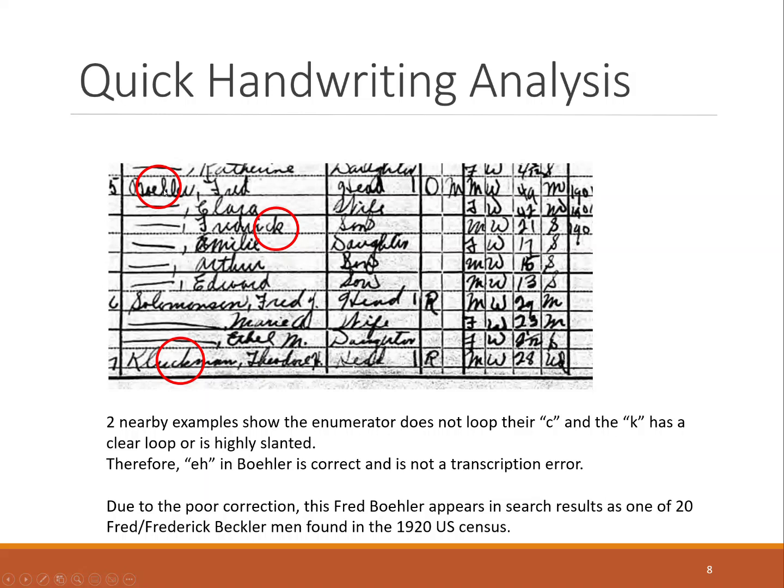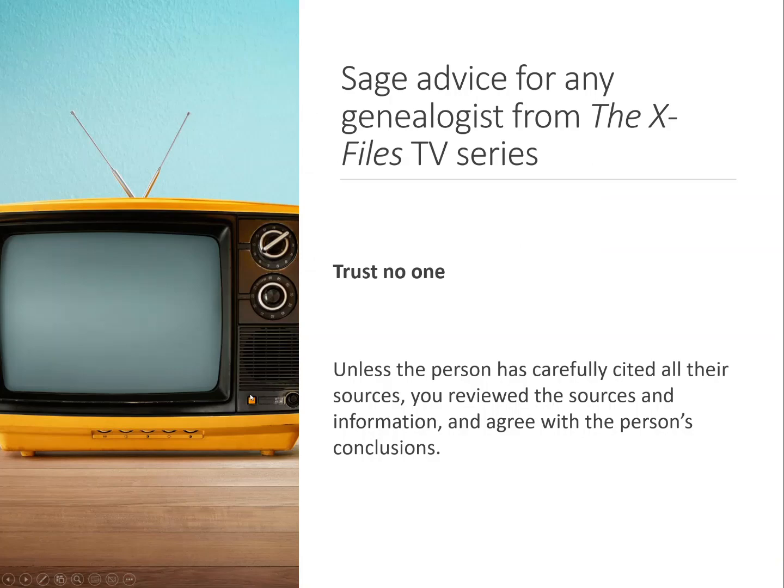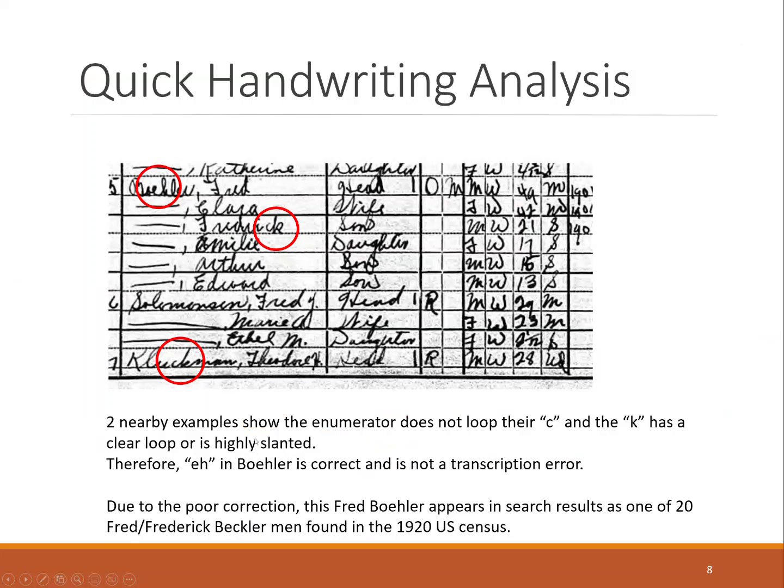There's no forward-looking loop here. So, doing this analysis here, I don't see how the CK could have been pulled out. Therefore, that EH is not a CK and is not a transcription error. And the problem is now that you have this incorrect correction. I did a search on Fred Beeler or Frederick Beeler in the 1920 U.S.